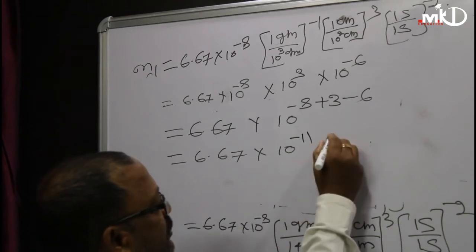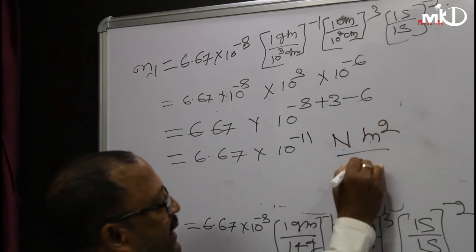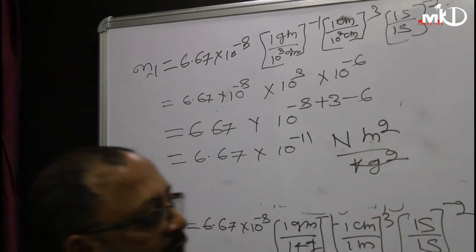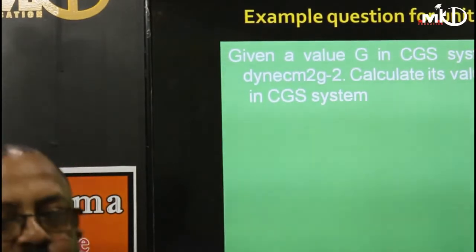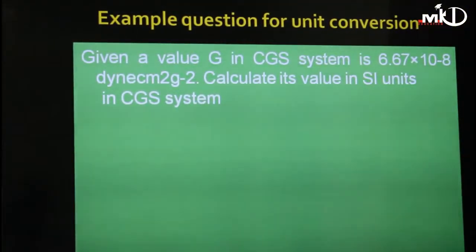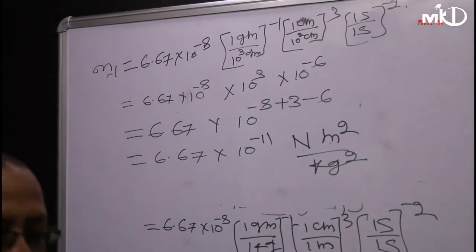Therefore its value is Newton meter square by kg square in the SI system. So in CGS the value of the gravitational constant is 6.67 into 10 to the power -8. In the SI system its value is 6.67 into 10 to the power -11. This way you will convert from one system to another system.